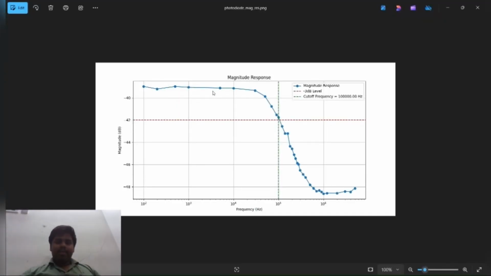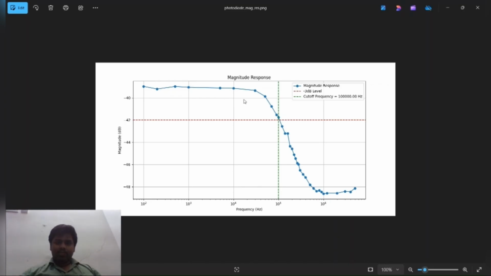This is the graph of the magnitude response of the second experiment, the magnitude response of the photodiode at varying frequencies. On the y-axis, we have 20 log gain, and on the x-axis, we have frequency on a logarithmic scale. As we can see, in the lower frequency range the gain is not changing that much.